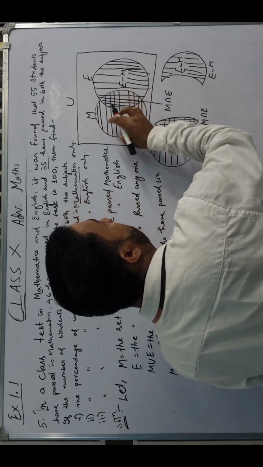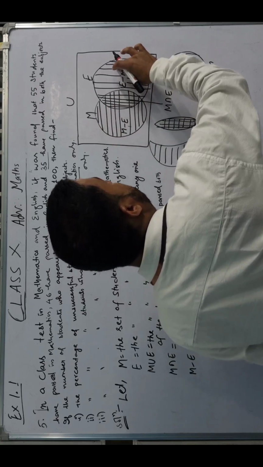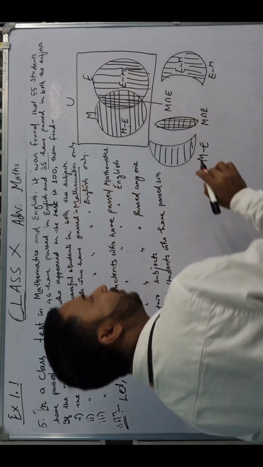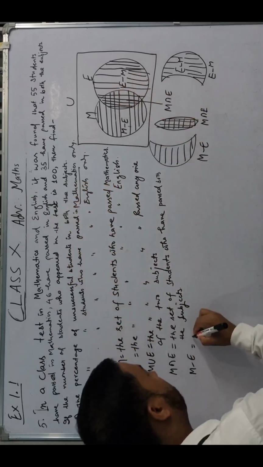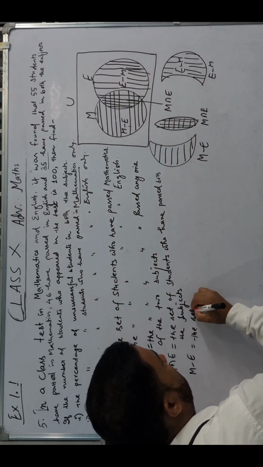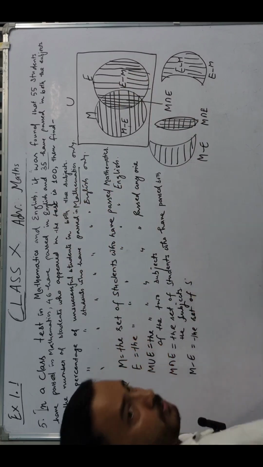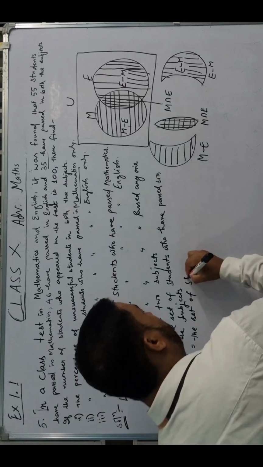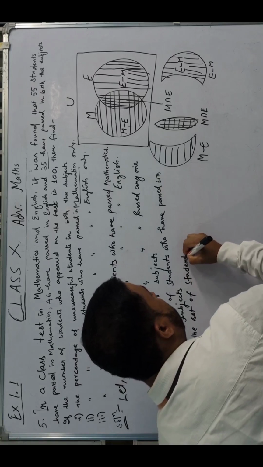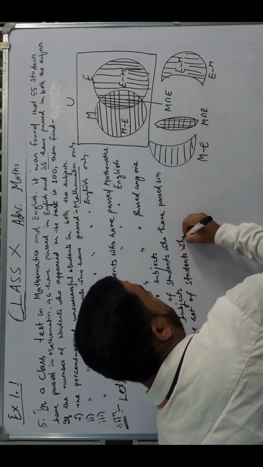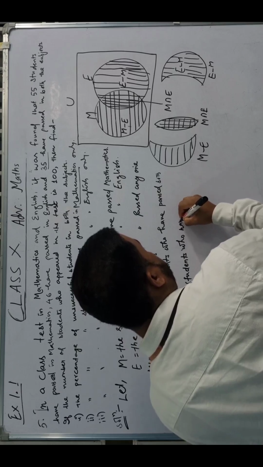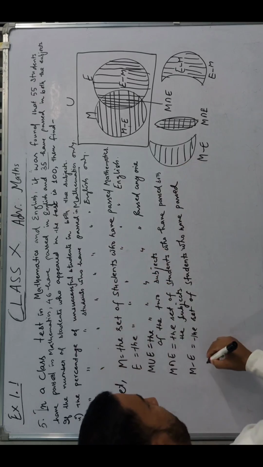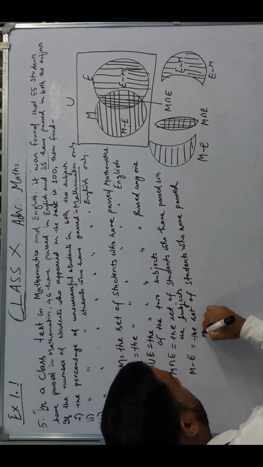That means it is only in M. These are the students who have passed only math, and these are the students who have passed only English, and these students could clear both the two subjects. M difference E is the set of students who have passed mathematics only.